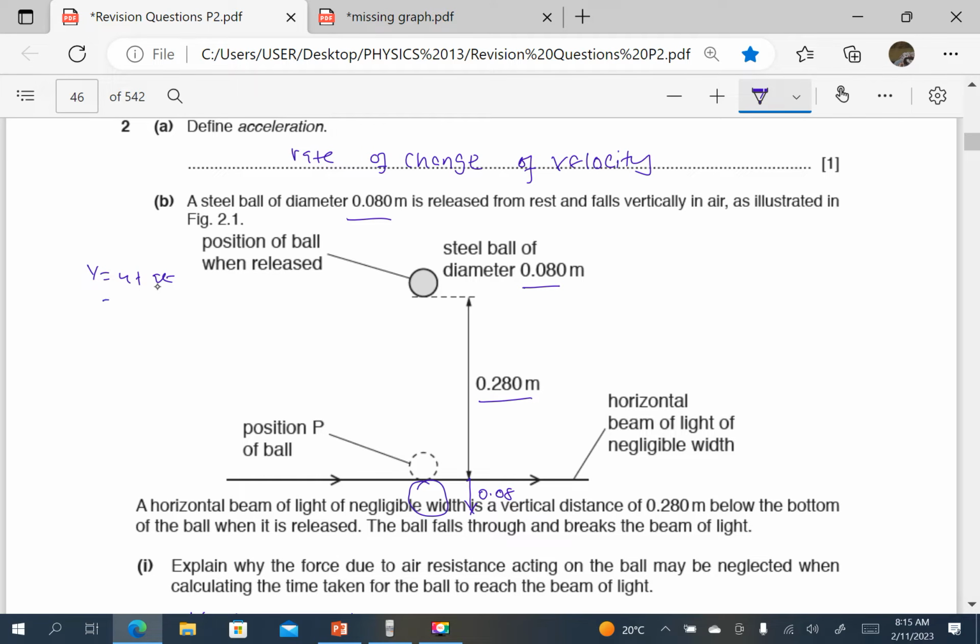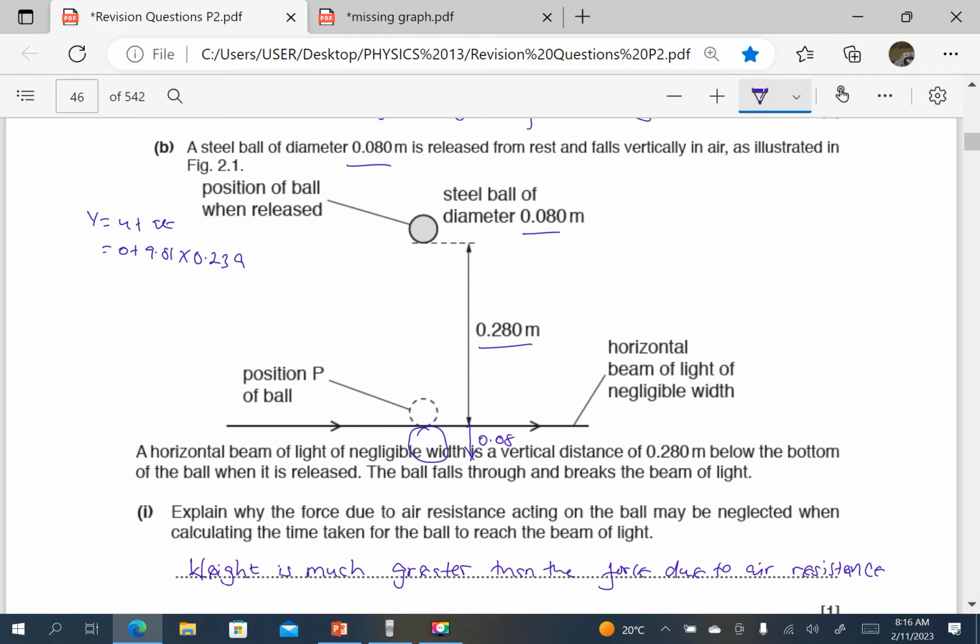So v is equal to u, which is 0 because it started from rest, plus 9.81 times the time it reaches the beam, which was 0.239 in part 2.